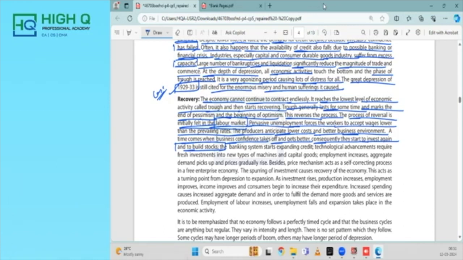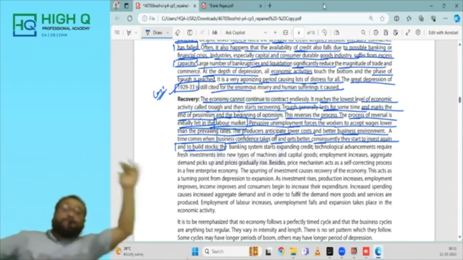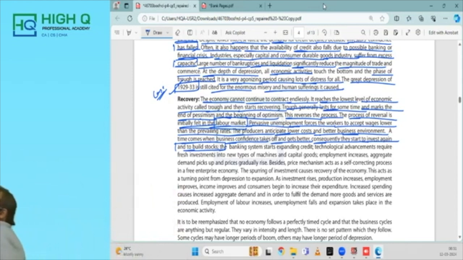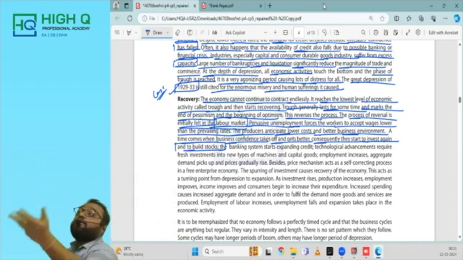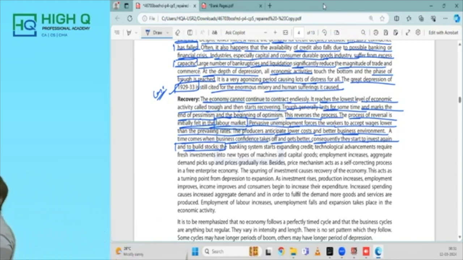Now I have confidence to take loan. Why? Production is there, sale is there, profit is there, I can repay. Say yes or no. At the trough, I don't have confidence to take loan. Why? No production, low sale, low profit.